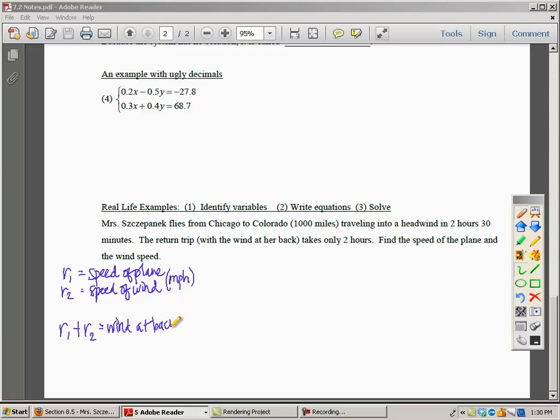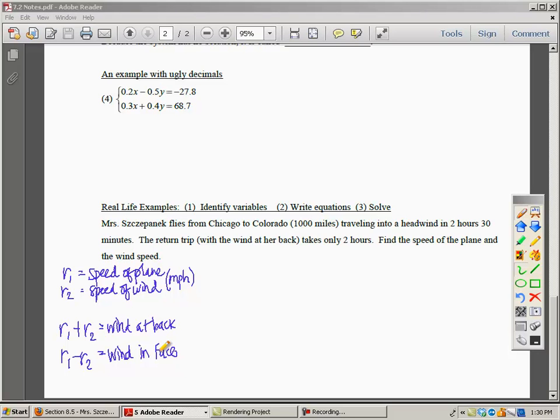I'm just going to shorthand this because it's pushing me quicker, which means my speed is going to increase. If I'm going slower, I say R1 minus R2. This is the wind in my face, is the way we talk about it. That means I'm going to go slower. And as you're looking at this, this is the idea.